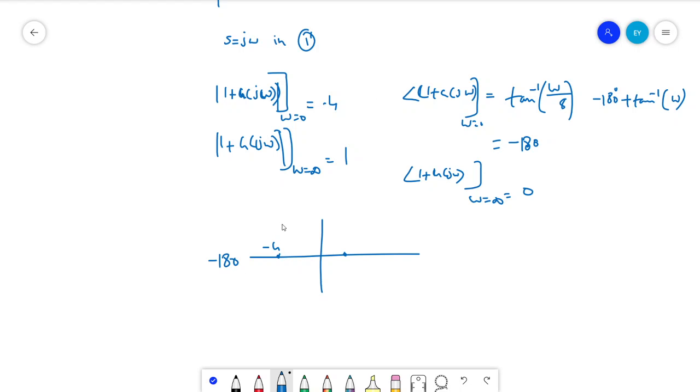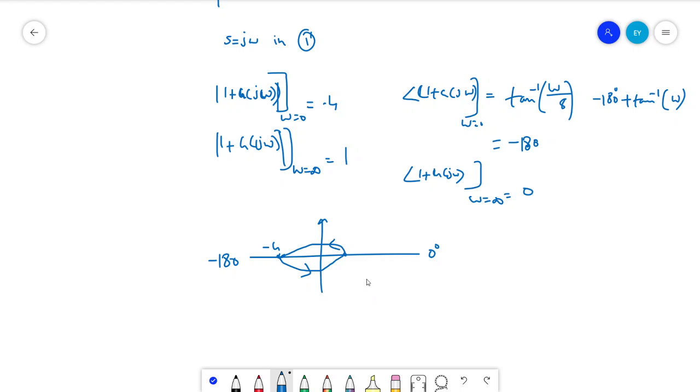See, initially at omega equal to 0, you will get 4 at minus 180 degrees, and 1 will be at 0 degrees. Okay, so when it starts and ends in this way, we just need to draw a mirror image. So this is how it looks.